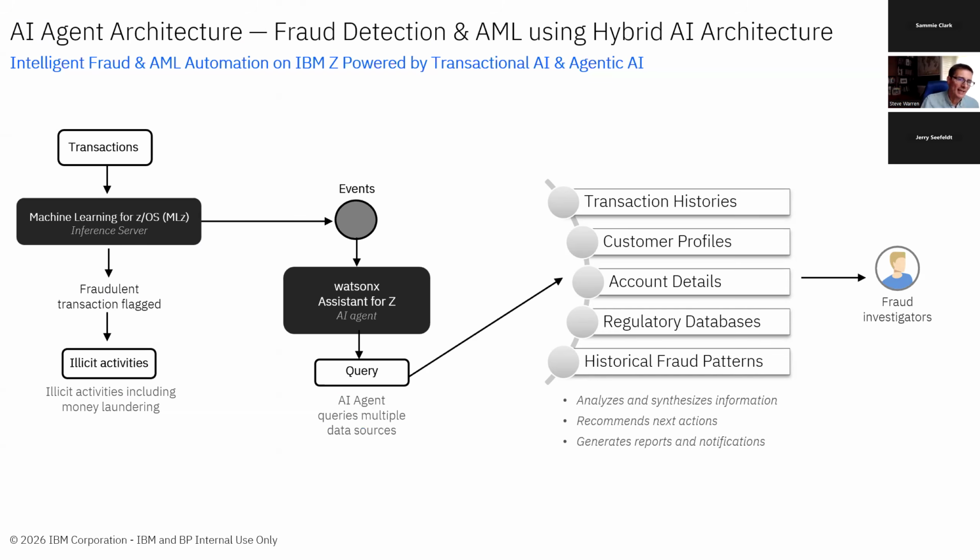Once that thing has been marked as a fraudulent transaction, I now can kick off a whole agentic AI workflow to gather all the documentation that normally would have needed to be gathered manually, and have a series of agents and MCP servers running to gather transactional history, customer profile, regulatory and historical fraud patterns, and provide you with a suspicious activities report, which is required when you're doing certain types of activities, for example, anti-money laundering. So again, sometimes the traditional can be married with the agentic AI capabilities.